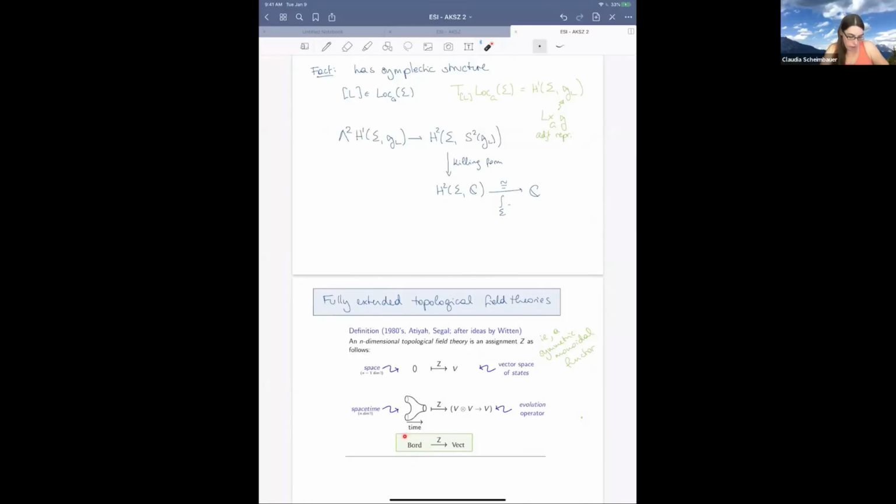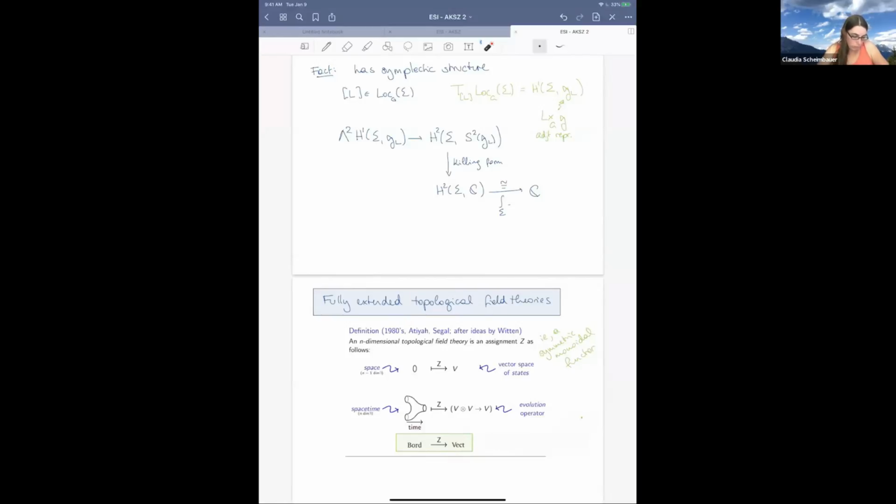Sometimes it's called nCob, where the objects are n-1 dimensional closed manifolds, and my morphisms are n-dimensional cobordisms. And usually our target will be something like vector spaces. That's for topological quantum field theory.